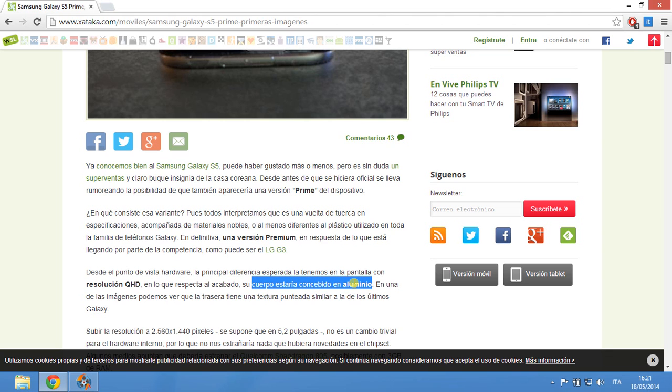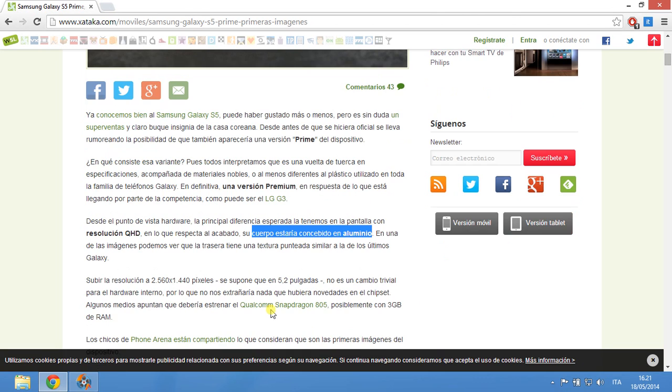Cuerpo means body. Estaría means is. We can think about this, and yeah, this means that it is more.